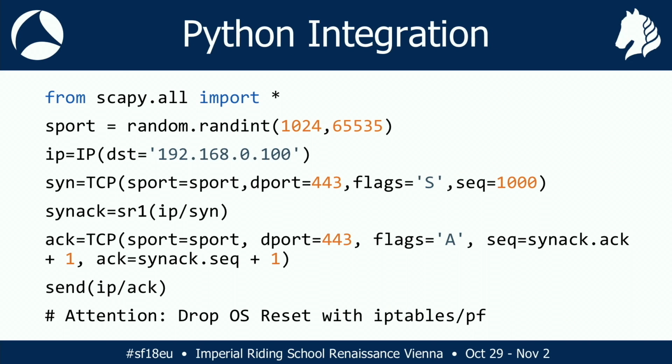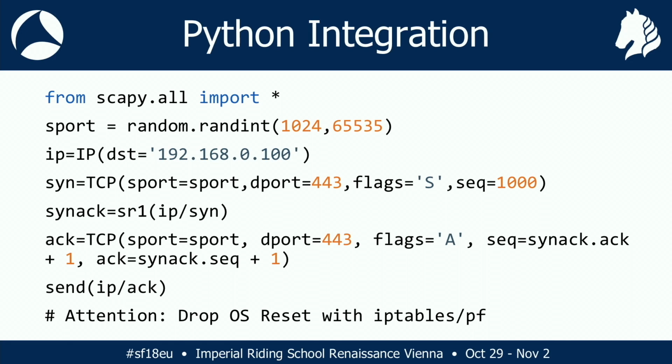Then you can integrate it into your Python programs. As it is implemented in Python, you can use it as a module in Python and build your own programs. Here we import the Scapy module, call the Python random integer method, build our packet, and with this we build a TCP handshake.